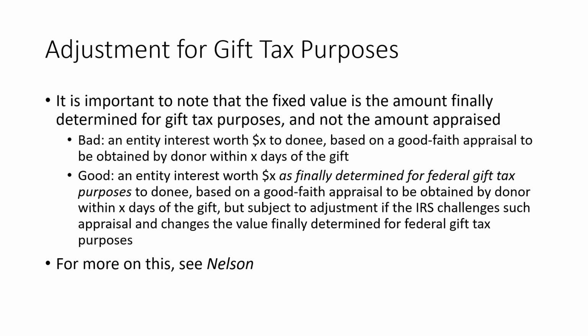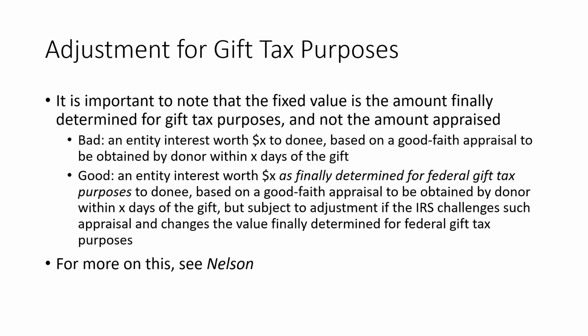So a good outcome might be an entity interest worth X dollars with these magic words added, as finally determined for federal gift tax purposes, to the donee based on a good faith appraisal to be obtained by the donor within X days of gift, but subject to adjustment if the IRS challenges this appraisal and changes the value finally determined for federal gift tax purposes.